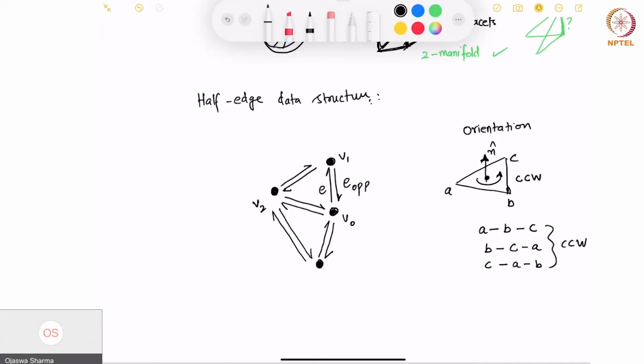Just swap any two adjacent vertices and it will become clockwise. If I flip AB, then it becomes BAC. You can check it turns clockwise. And any cyclic permutation of BAC is also clockwise. So I will just place dots here. Coming back to this, the orientation part is clear, right?